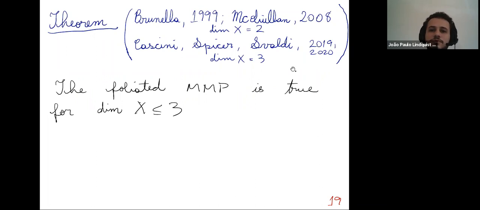For dimension 2, this is by Brunella and McQuillan. In dimension 3, which is more recent, Cascini and Spicer. So in this talk I use this result for dimension 3.